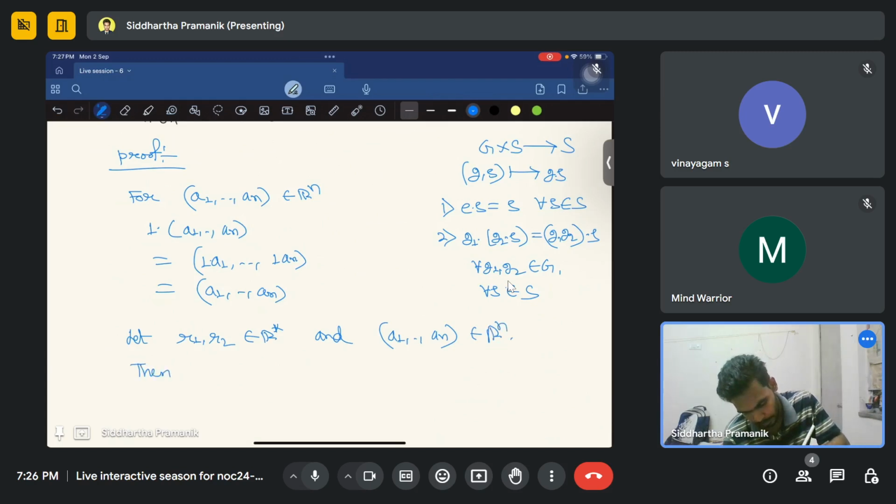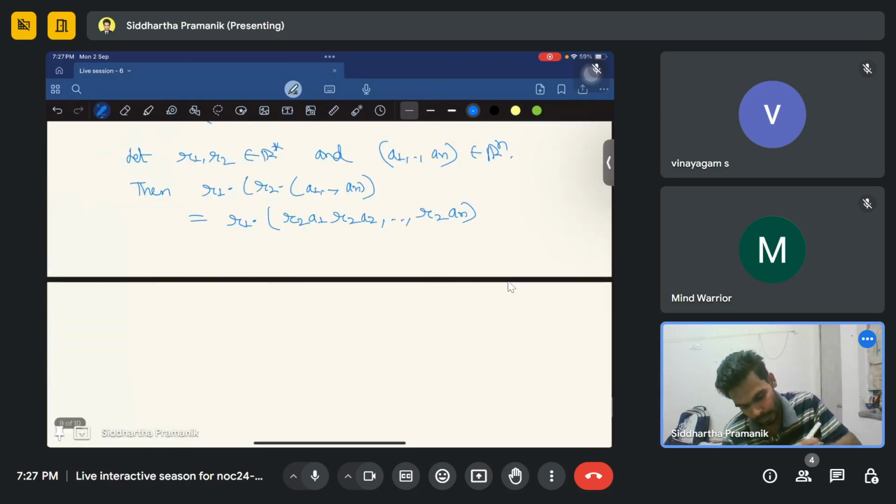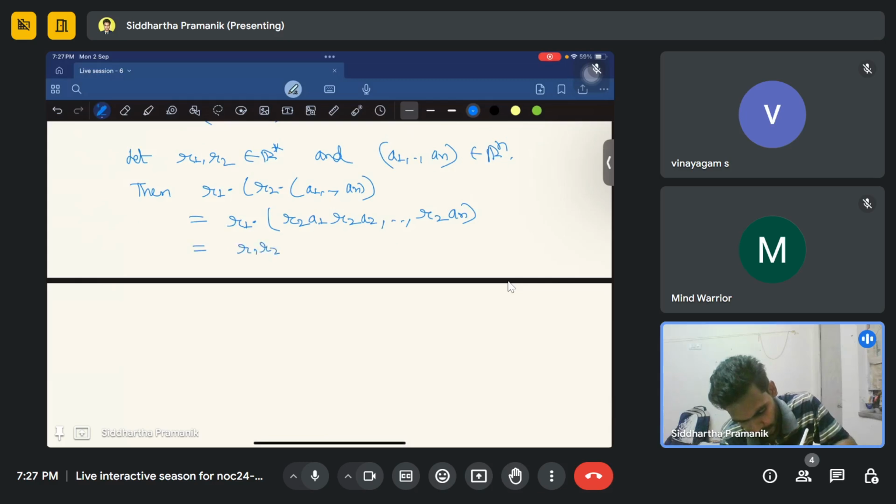Then r1·(r2·(a1, ..., an)) is the same as r1·(r2a1, r2a2, ..., r2an), and this is the same as (r1r2a1, r1r2a2, ..., r1r2an), and we can write this as (r1r2)·(a1, a2, ..., an).